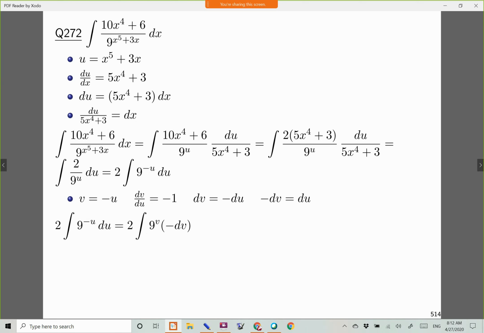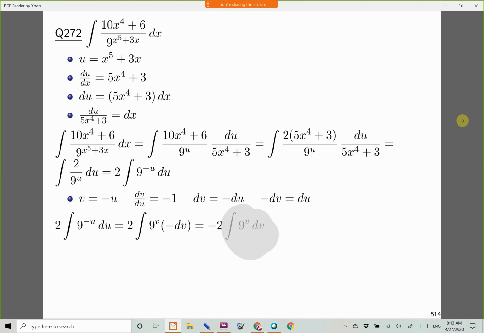I didn't want it to look like minus dv accidentally, so I just put this in parentheses to indicate this is really times negative dv. And in fact, if that looks a little strange, let's just drop the parentheses, but stick that times -1 all the way in front. So I have -2 times the integral of 9 to the v dv.